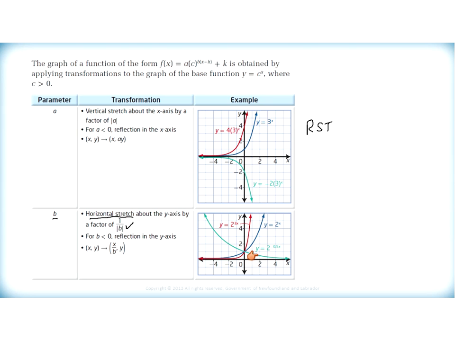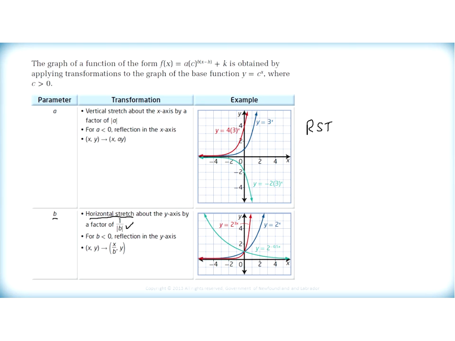If you look at the other example here, y = 2^(−1/2 x), this particular graph is now reflected in the y-axis because of the negative here. So you take the graph of y = 2^x and you reflect it, but it's also stretched by a factor of 2.